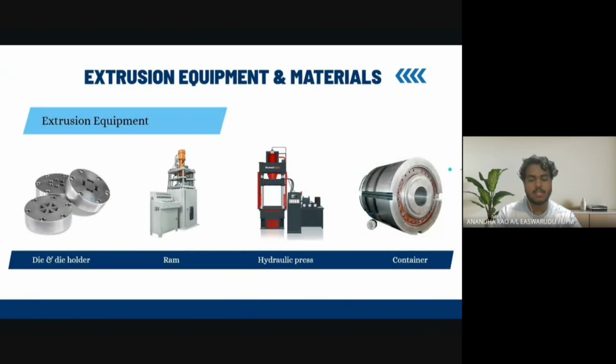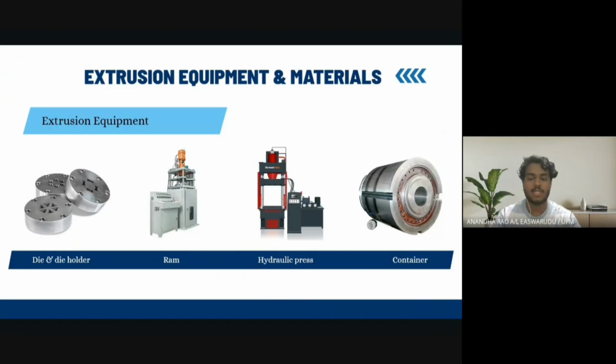Next, let's see the extrusion equipment and materials. The main components of an extrusion system include a die and die holder, ram, hydraulic press, and container.